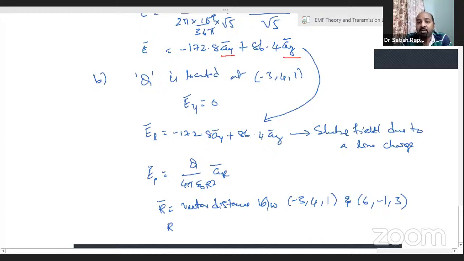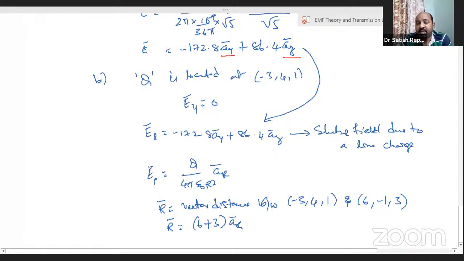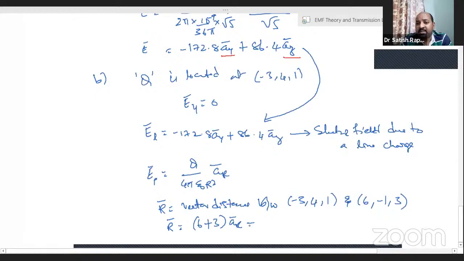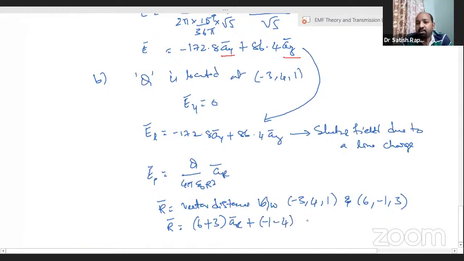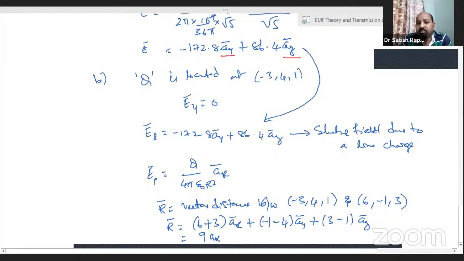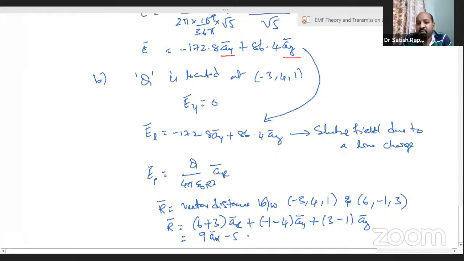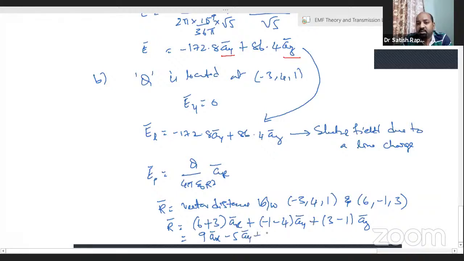So R bar is equal to (6 minus (-3)) a_x bar plus (-1 - 4) a_y bar plus (3 - 1) a_z bar, which is equal to 9 a_x bar minus 5 a_y bar plus 2 a_z bar.